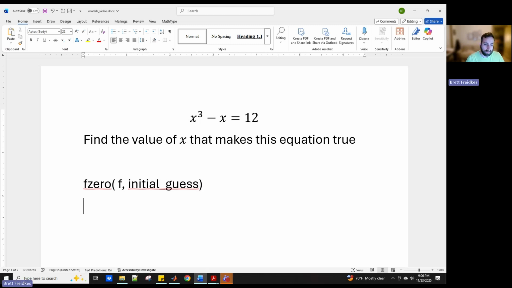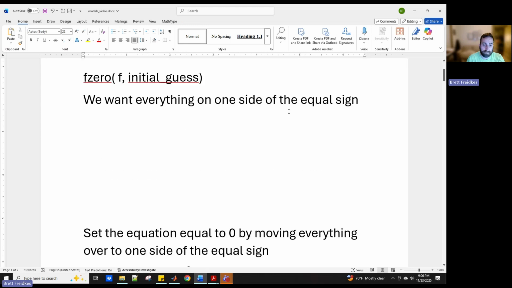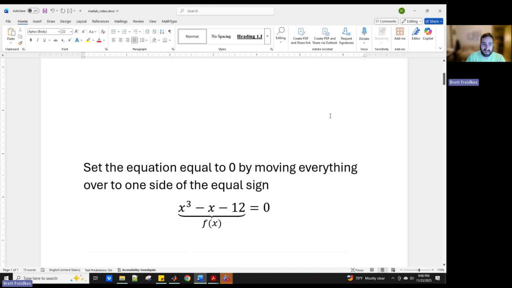So we want everything on one side of the equal sign. Meaning, if I want to use this fzero function on this exact example, I'm going to subtract 12 over to the other side. And this is what I did here, where I brought the 12 over to the other side, and now this will be the function that I am dealing with.